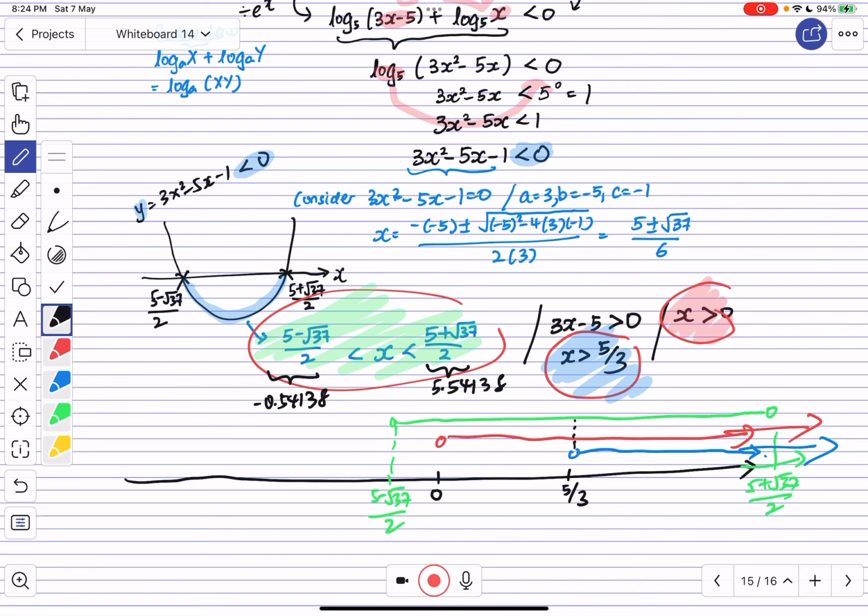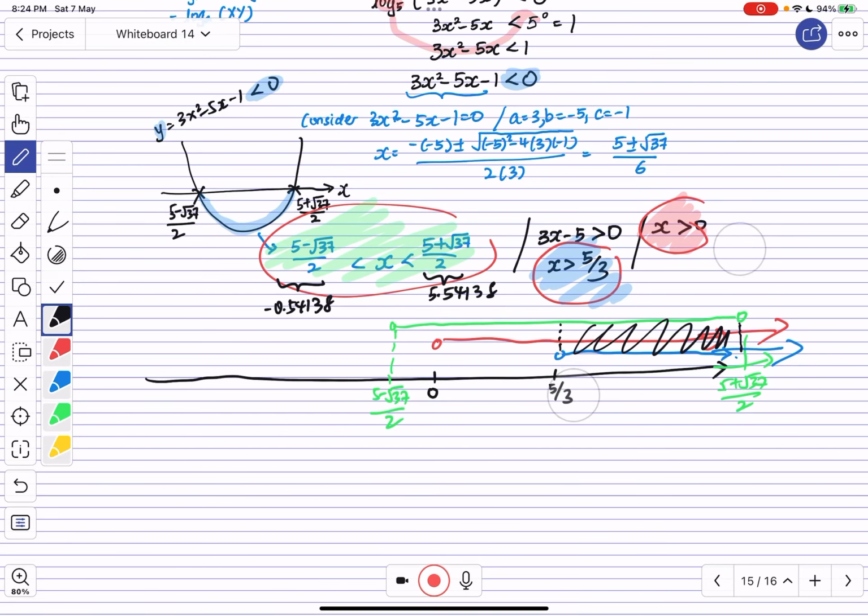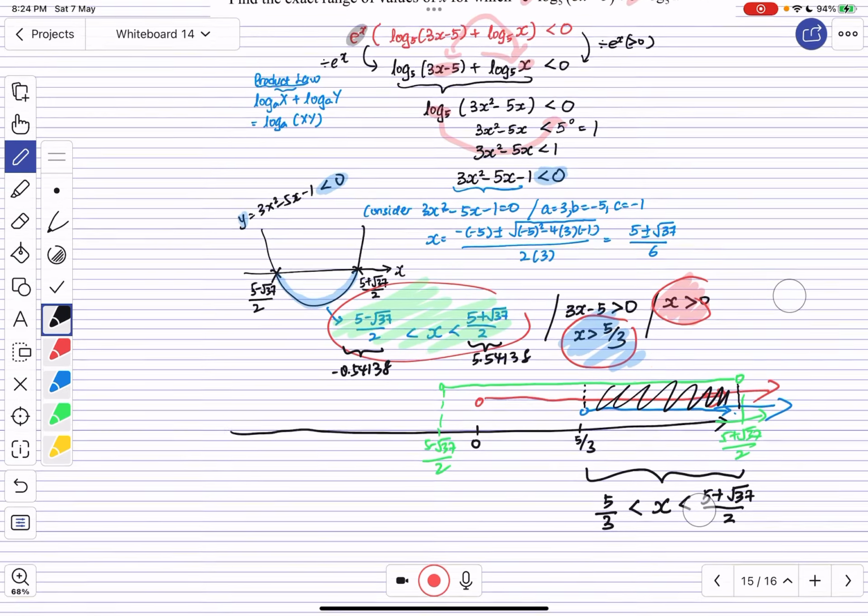This is the part where you have all the yellow, green, red and blue lines intersected. So the set of solutions that satisfy all the inequalities will be x between 5 over 3 on the left and 5 plus square root 37 over 6 on the right. Thank you.